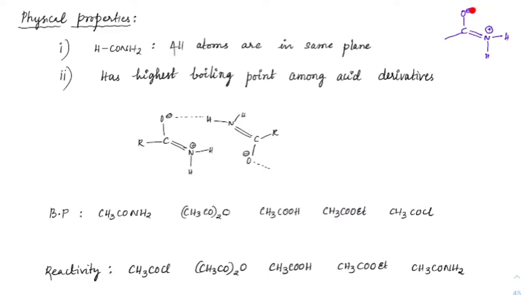So it can extend hydrogen bonding from oxygen and the other two hydrogens also. Got it? So a strong hydrogen bonding is established throughout the molecule. And planarity helps to form the hydrogen bonding better.